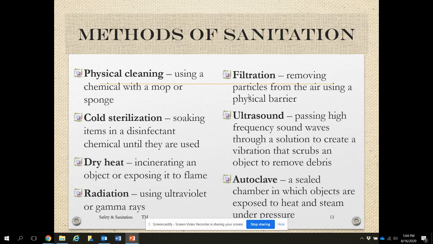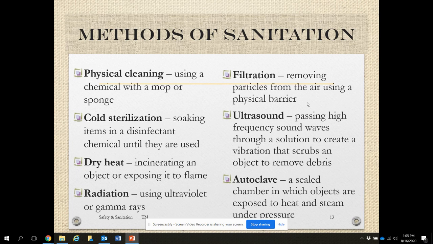Filtration, removing particles from the air using a physical barrier. So those are like in our air conditioning units and our heating units, to catch the particles, the dust, and the hair that are in the air, and those filters catch that material so we don't breathe it in.